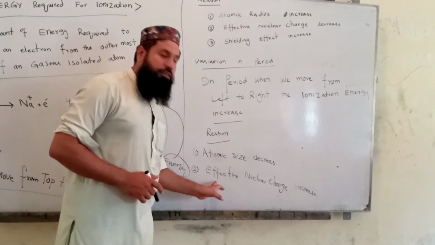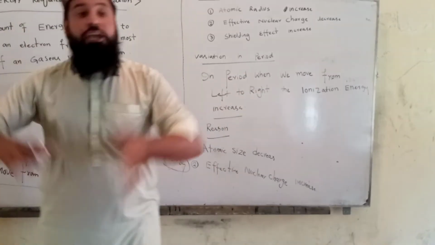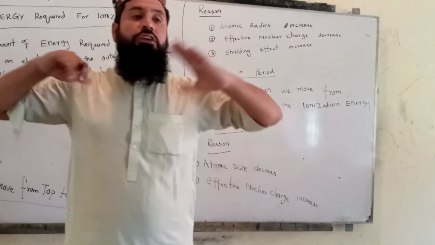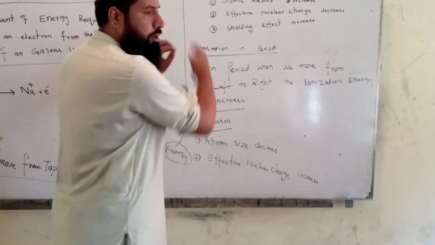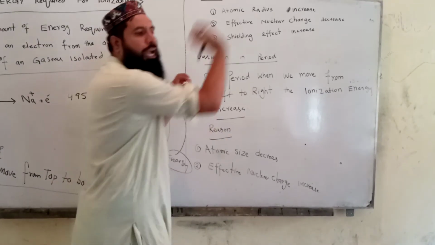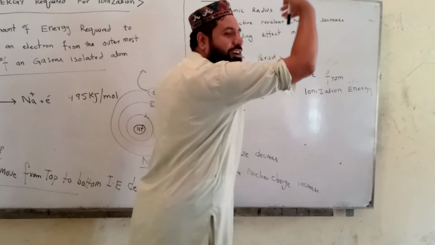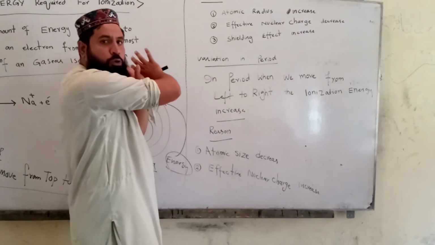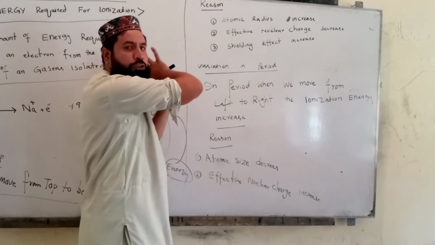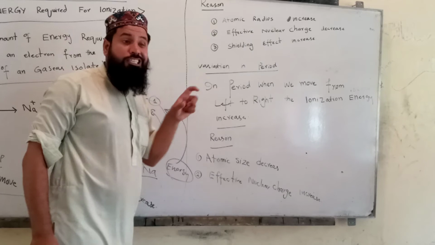Okay, and the second one, the effective nuclear charge increases. When we are moving from left to right, for example, in a period from sodium, magnesium, aluminium, silicon, phosphorus, sulfur, chlorine and argon, when we go across the third period, the nuclear charge increases.